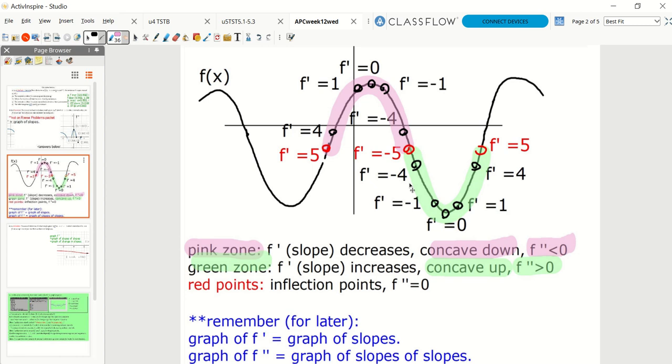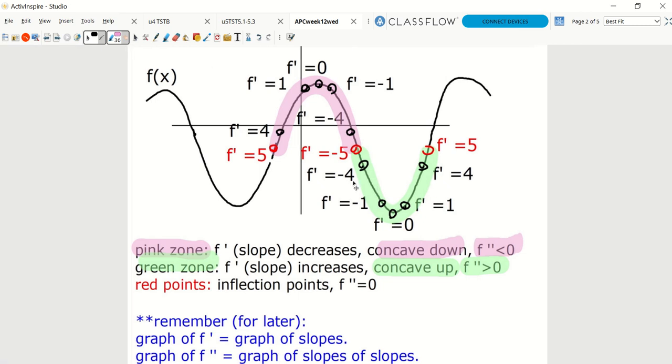Slopes are increasing. Look, -4, -1, 0, 1, 4. So concave up is where change in slopes is positive.